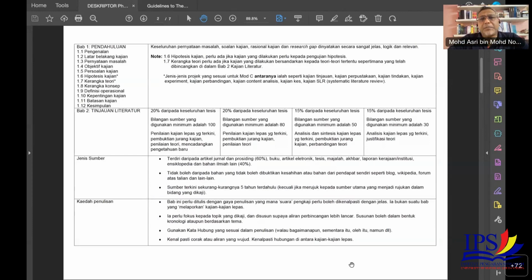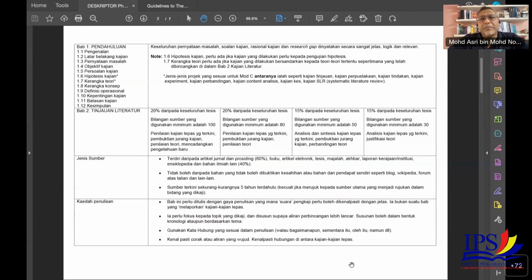And in each chapter, you will have certain components that you must include. Remember, I said look at the guideline of writing a thesis. You will get some information from that format on how to prepare your thesis, your project paper. Okay, but we are assuming that we are writing project paper based on research.